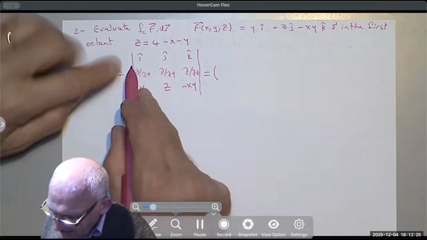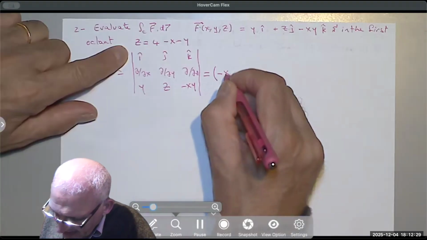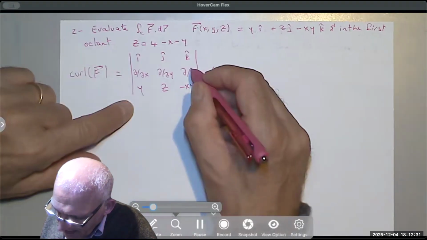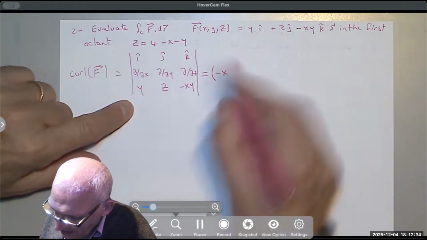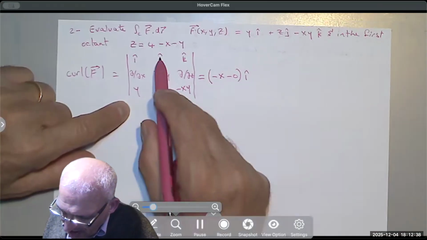So in the i direction, I get partial y of negative xy, which is negative x, minus partial z of y, which is 0.